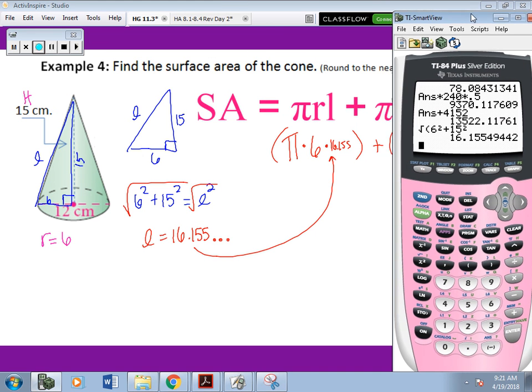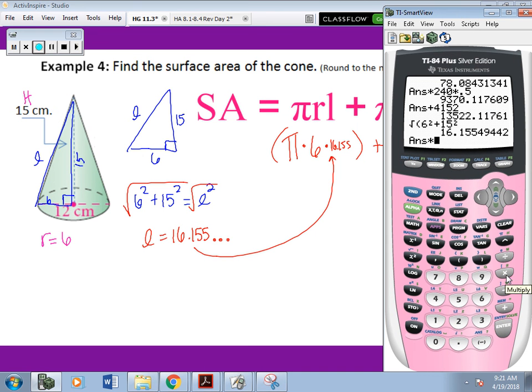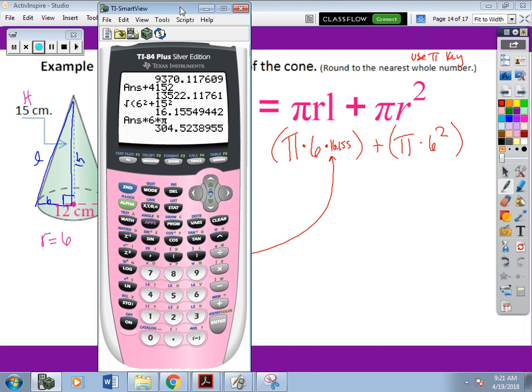So I'm just going to take that answer I had, multiply it by 6 and by pi, hit enter. And then I'll add on, and I'll probably use parentheses around this, pi times 6 squared. We should get 417 point, nope, nearest whole number, so 418.